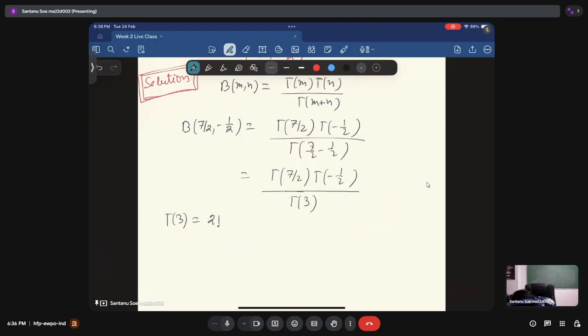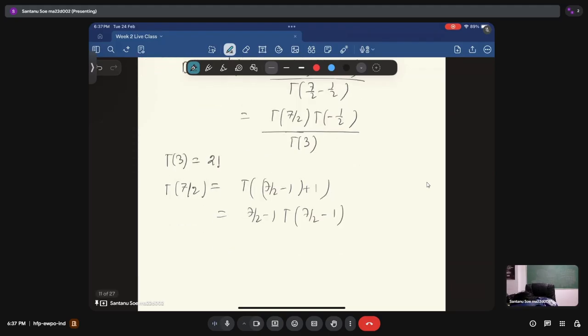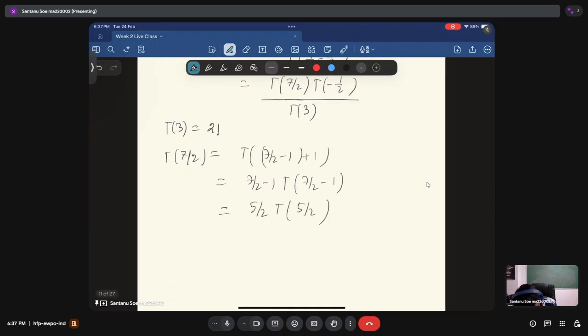So now gamma of 7 by 2, this is gonna be, so we can write like this, gamma of 1 plus 7 by 2 minus 1, correct? Or 7 by 2 minus 1 plus 1, and then 7 by 2 minus 1 times gamma of 7 by 2 minus 1. So this is gonna be 5 by 2 into gamma of 5 by 2, and then we can repeat the process.